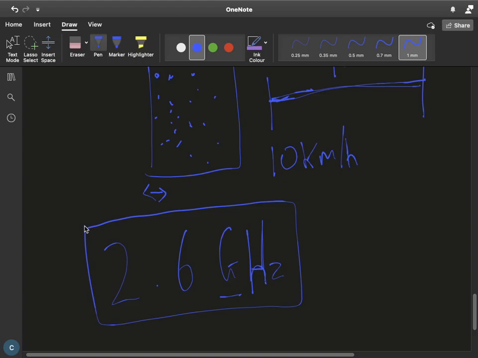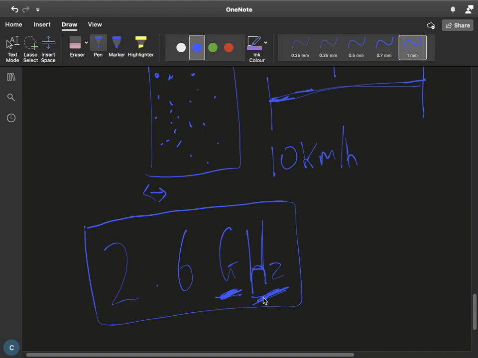So a hertz is per second. That means it's doing 2.6 billion calculations or cycles or frequencies per second. That is an insane number of calculations if you think about it.